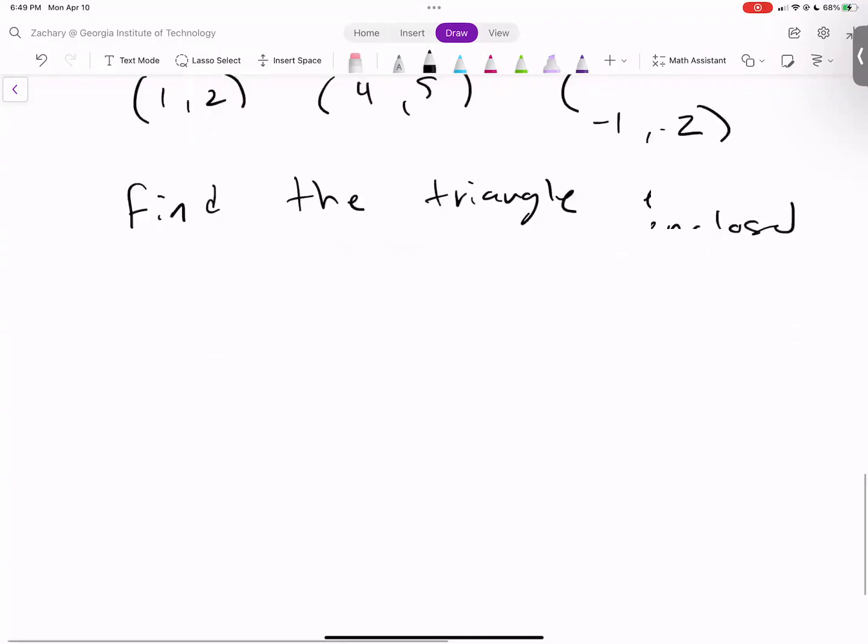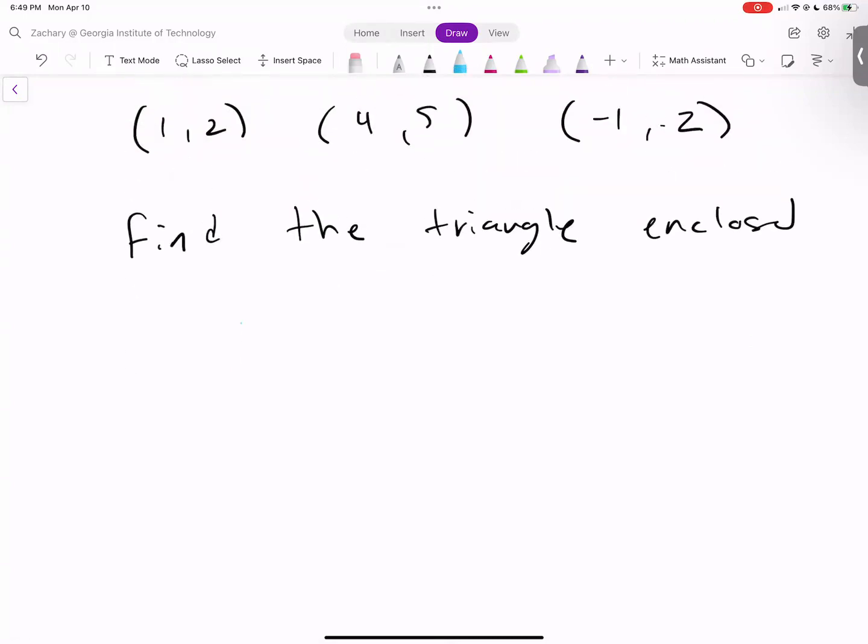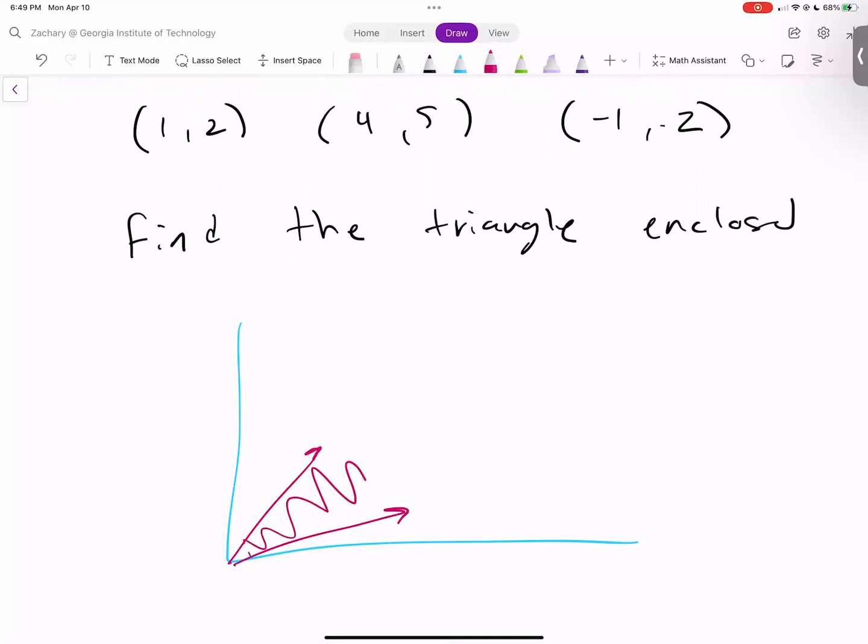Okay. So in 2D, what a determinant is on an actual graph is, if we have just 2 vectors and we're trying to find the area here, what we do is we add these 2 vectors together first, and we find the inside area, which is the determinant of A, where A is equal to vector 1, vector 2.